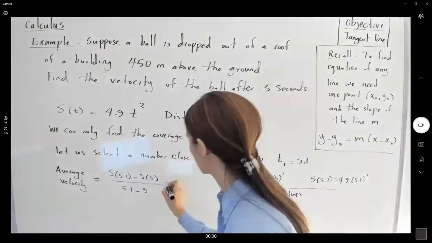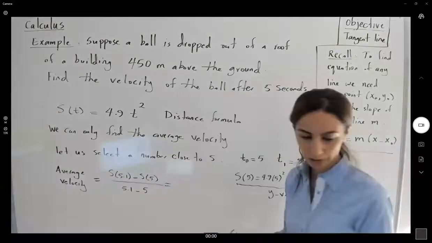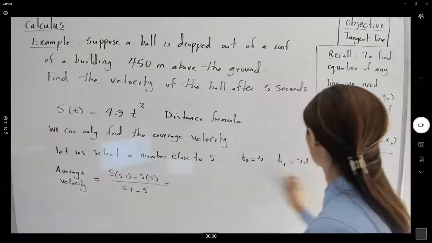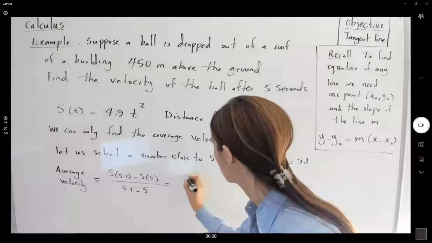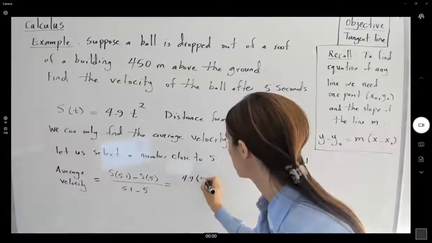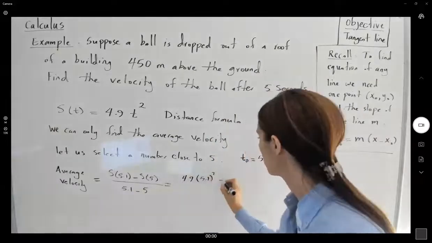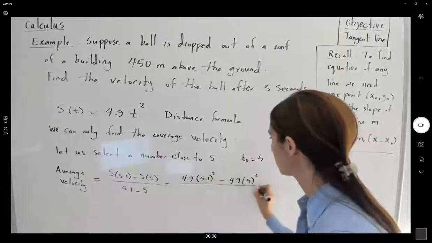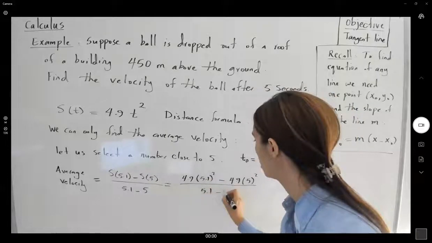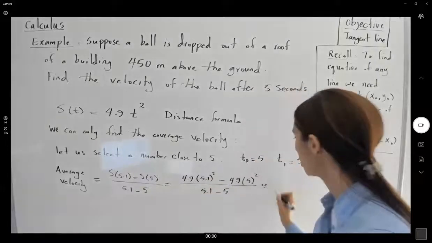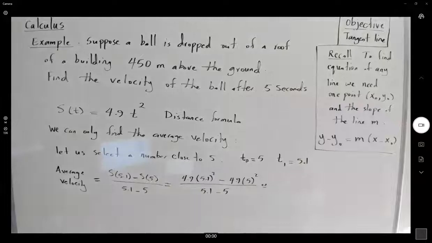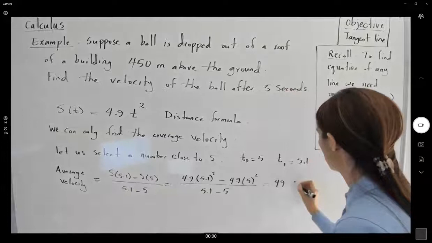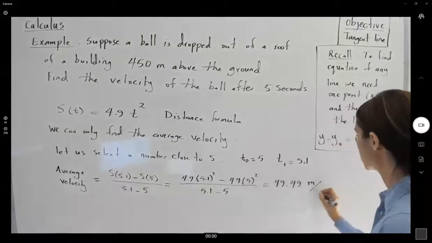Again, we're substituting these here. 4.9 times 5.1 squared minus 4.9 times 5 squared divided by 5.1 minus 5, which is approximately 49.49 meters per second.